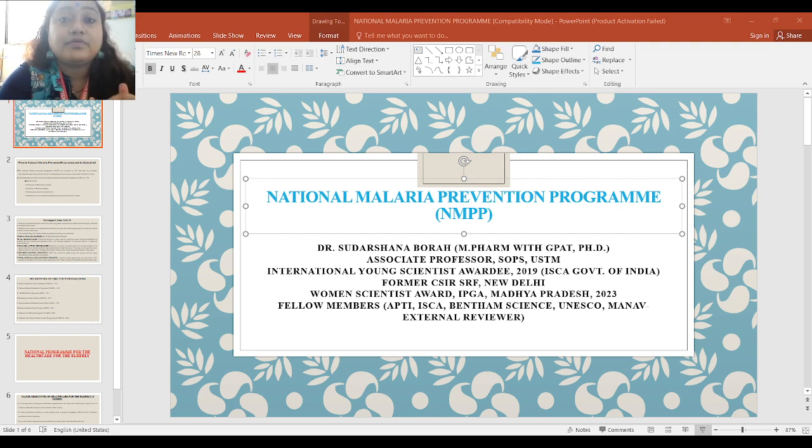But if it bites a host who is already infected with malaria, it will obviously take up the malaria parasite, which will be transmitted into the thoracic cavity of the female Anopheles mosquito.